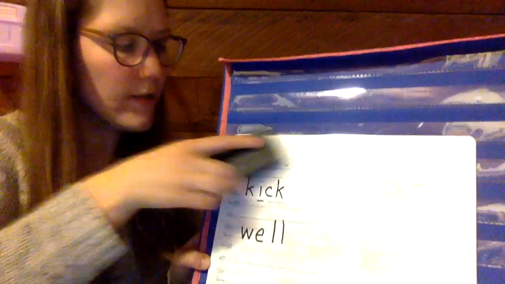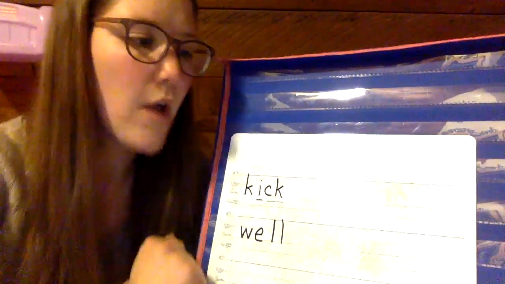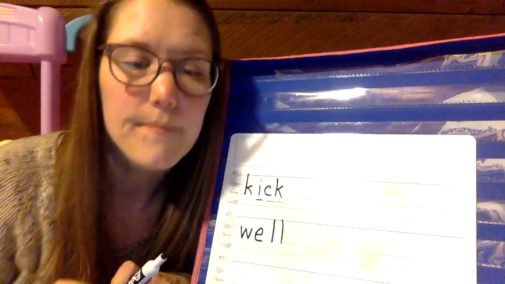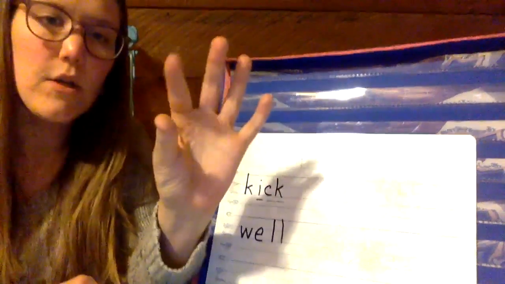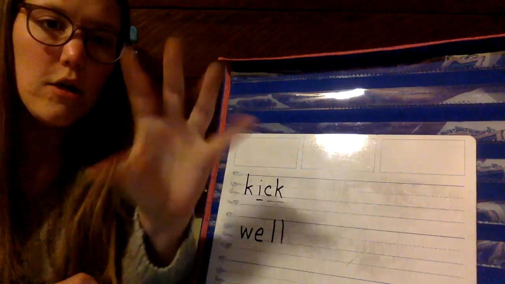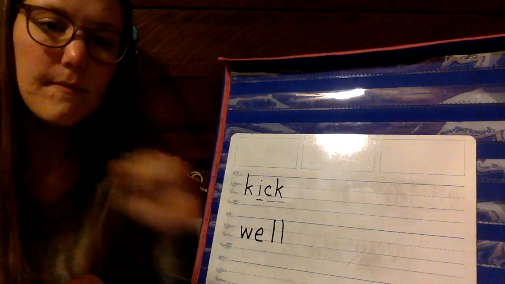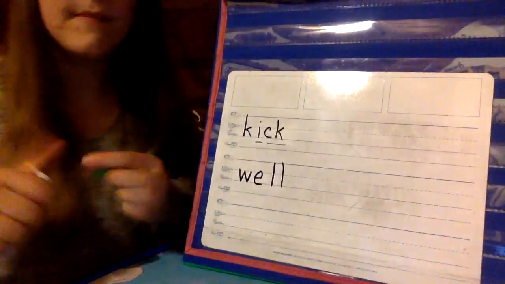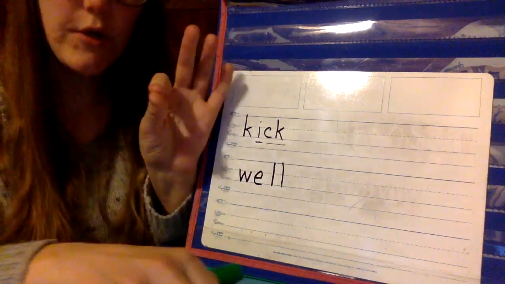Okay? All right. I'll erase all this other stuff. And let's get on to our third word. Our third word is call. Let's tap it. Call. We'll switch markers, okay. Let's write it. Call.